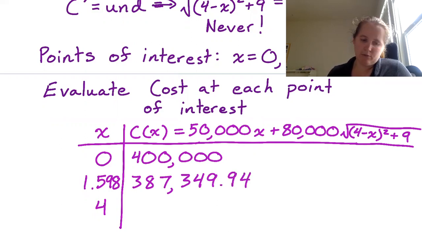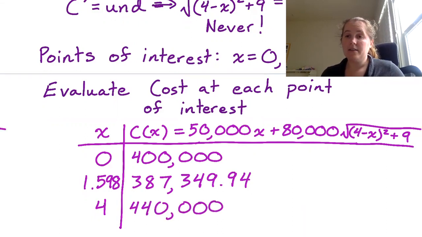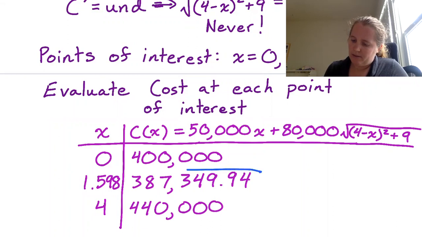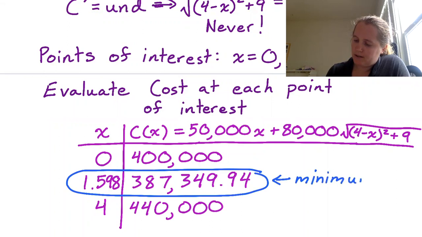And we plug in 4, we get 440,000. So again, this is cost we're trying to minimize. We get our minimum cost at that 1.598 and have a minimum cost of $387,349.94.